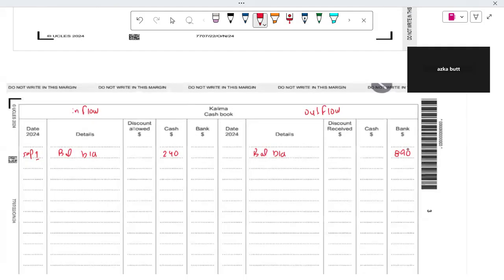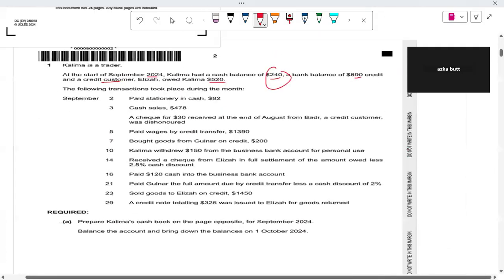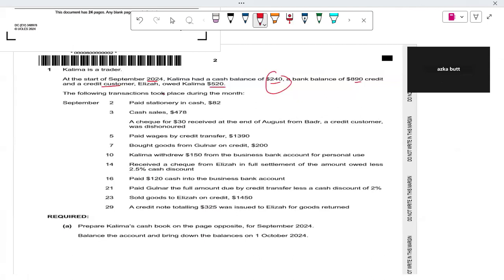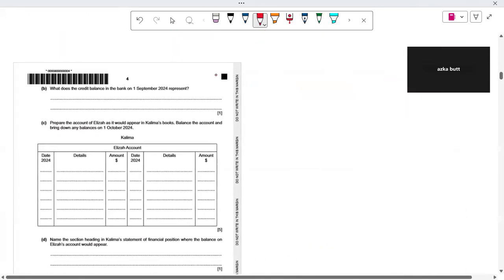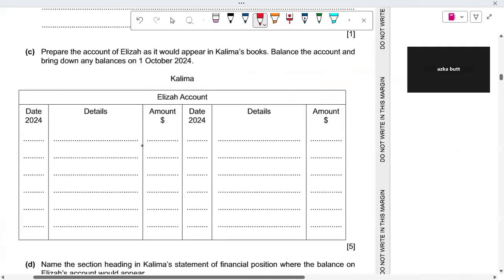If you see, they have basically given us one more piece of information: Elizah is the customer of Kalima. She owed $520 to Kalima. But we don't need to record it in the cash book. We will record it in Elizah's account. As you can see here, we need to prepare the account for Elizah.